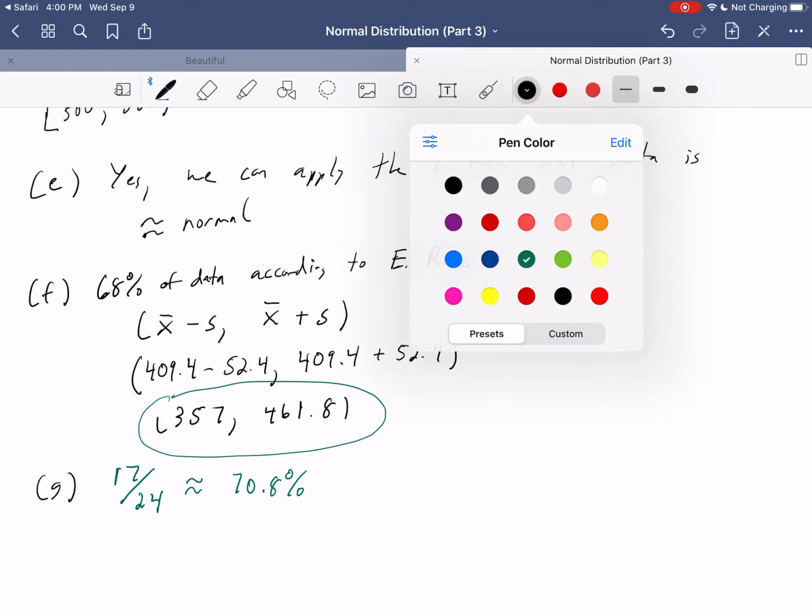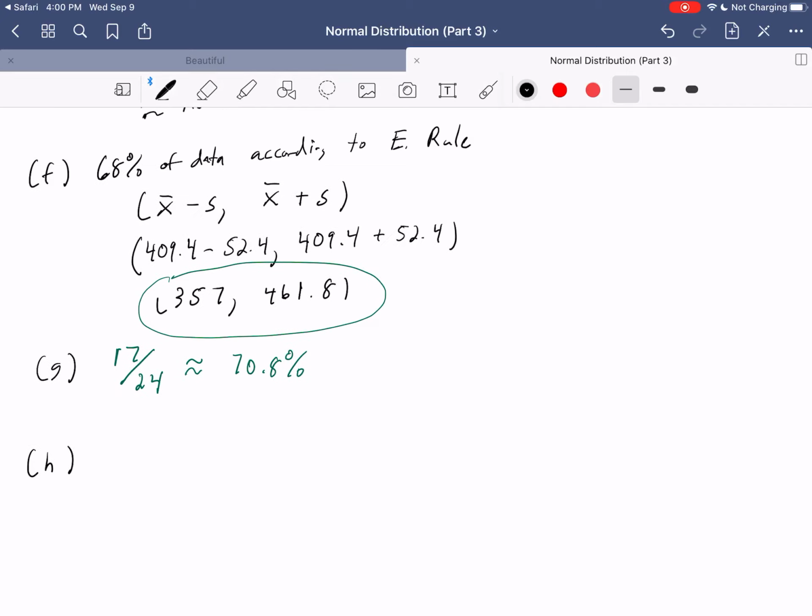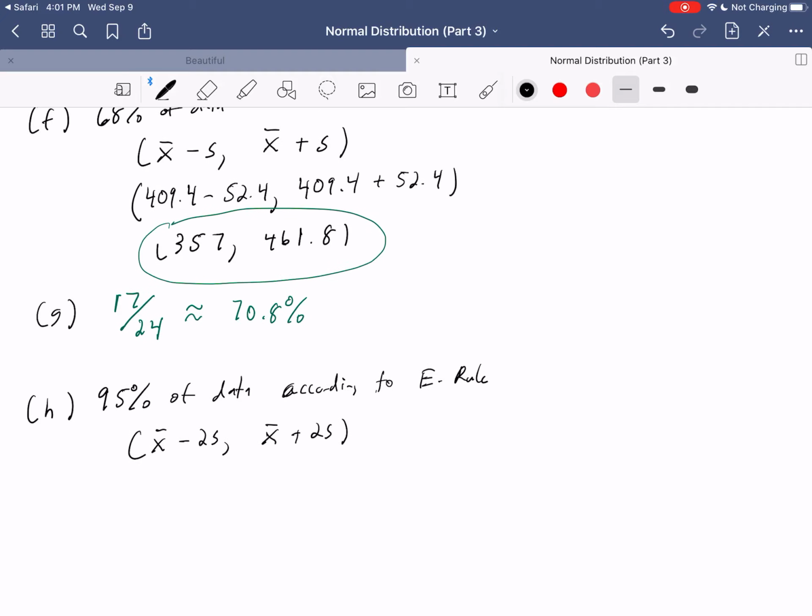All right, let's repeat this again for the 95% for H. So for the 95% of data, according to the empirical rule, we should find that in x bar minus 2s to x bar plus 2s. So if we plug that stuff in, we'd get 409.4 minus 2 times 52.4, all the way up to 409.4 plus 2 times 52.4.